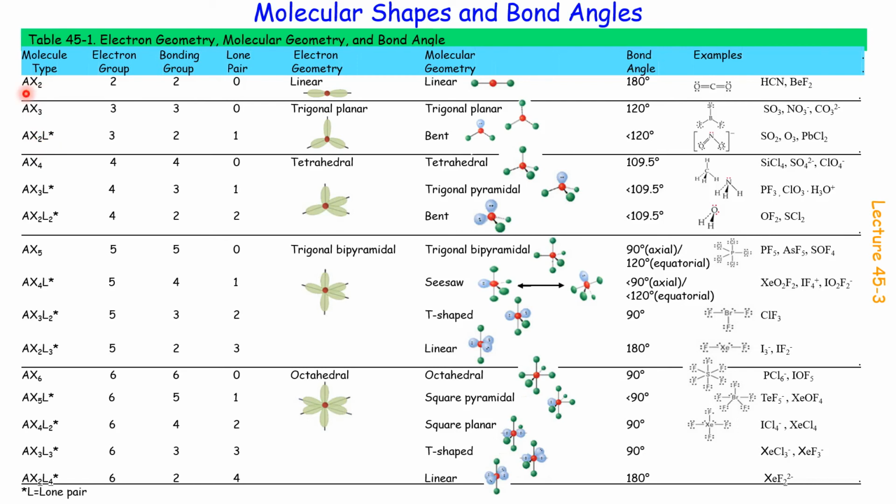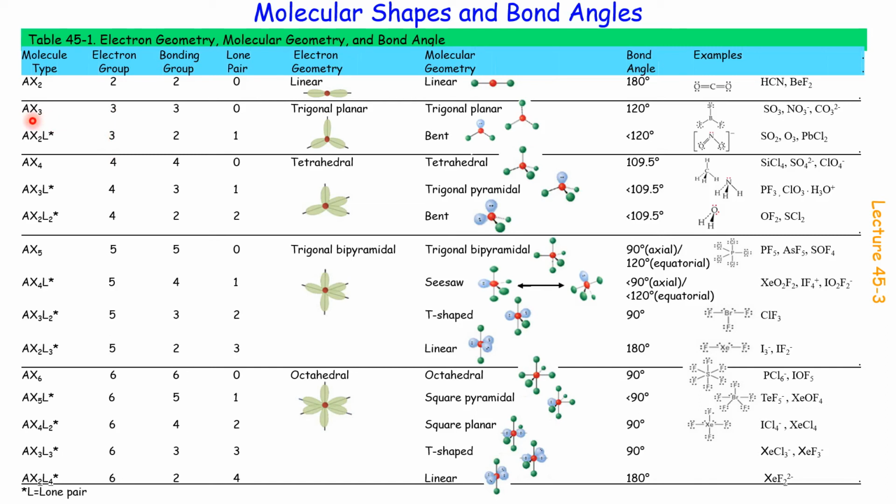Let's start with AX2 molecule. There are 2 bonding groups, 0 lone pair. Therefore, the electron geometry is the same as the molecular geometry. Both are linear. The bond angle is 180 degrees, and those are the examples. For 3 electron groups, there can be 2 types of molecules.